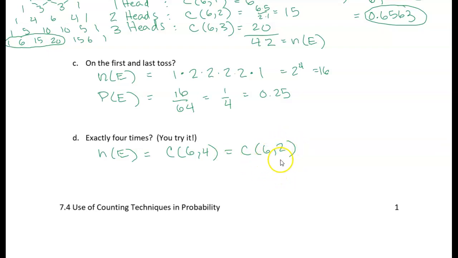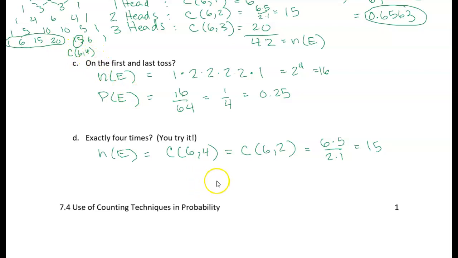But you don't have to remember that. It's easy enough to calculate. If I do 6 choose 2, it's just 6 times 5 over 2 times 1, which is 15. And I already calculated 6 choose 2 anyway. Or you could have come up to Pascal's triangle and gotten 6 choose 4 or 6 choose 2 from Pascal's triangle. You just count over, so that's 0, 1, 2, 3, 4. So this is 6 choose 4.